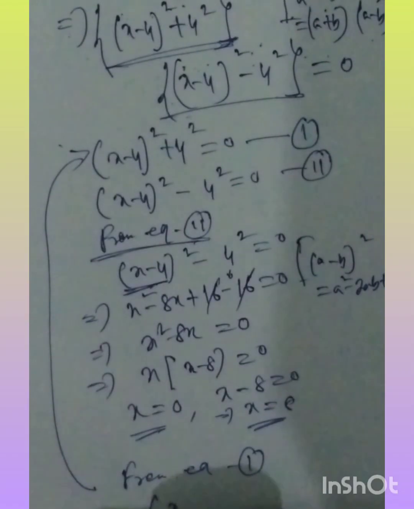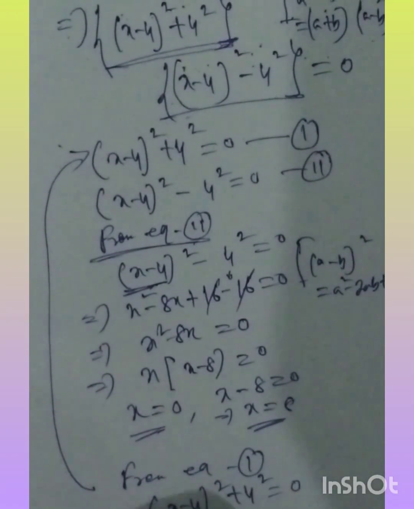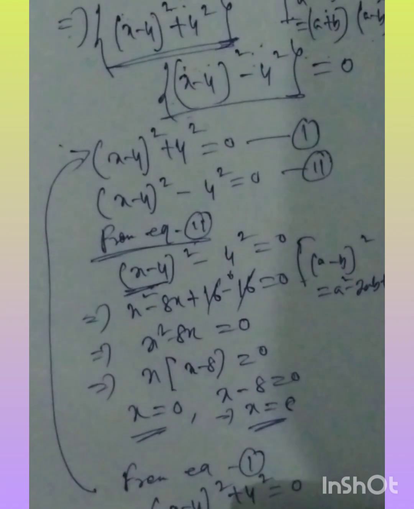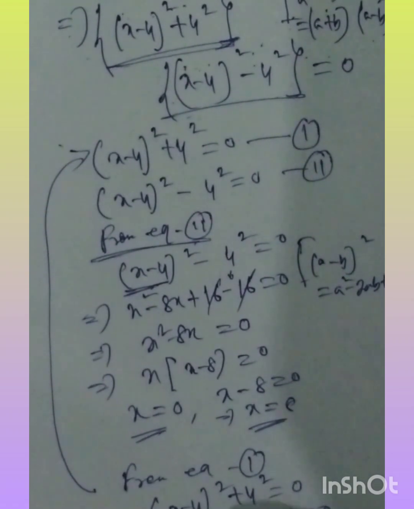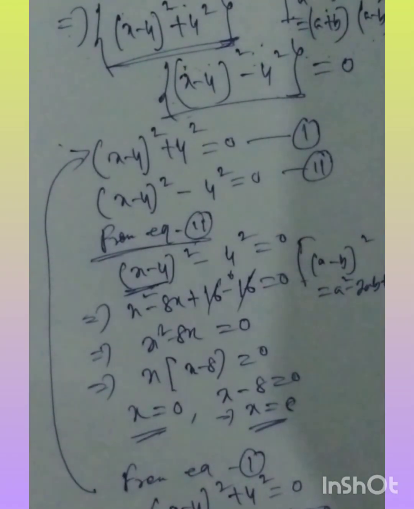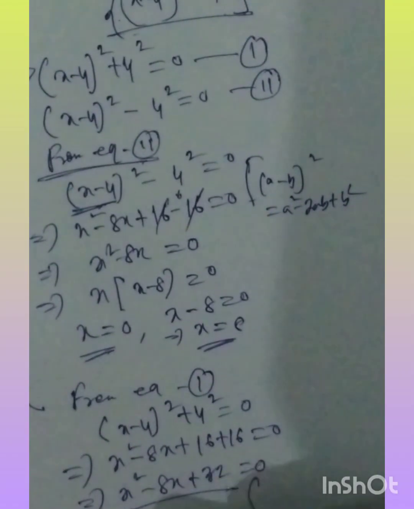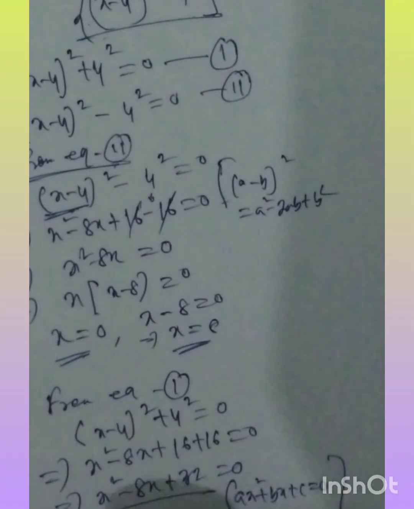(x − 4) whole square plus 4² is equal to 0. Applying (a − b) whole square, x² − 8x + 16 + 16 is equal to 0, so x² − 8x + 32 is equal to 0. This is a quadratic equation, compared with the standard quadratic equation ax² + bx + c is equal to 0.